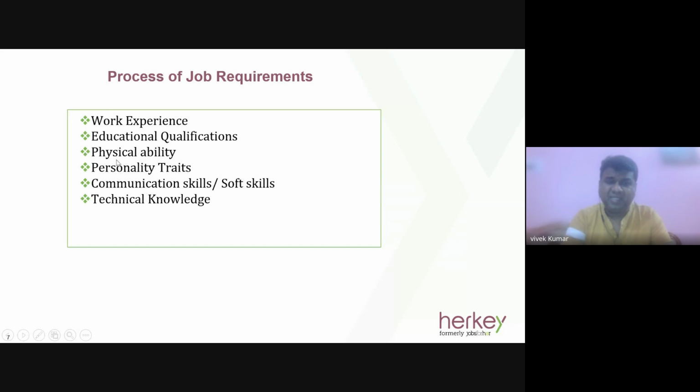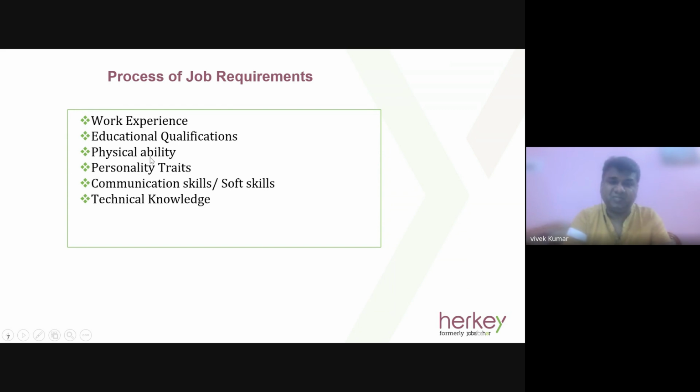Then physical ability is again a very subjective thing. Not every job these days demands different types of physical ability. In fact, differently abled people can work in most of the domains. Okay, but yes, if something like, let's say, mining or maybe door-to-door sales is involved, then maybe physical ability can be a limitation for a person.